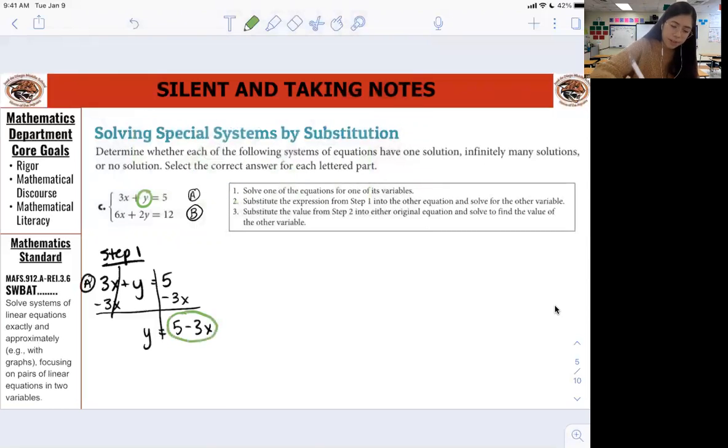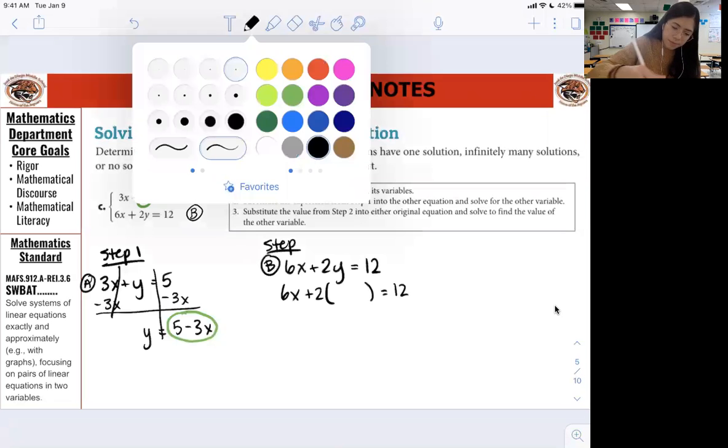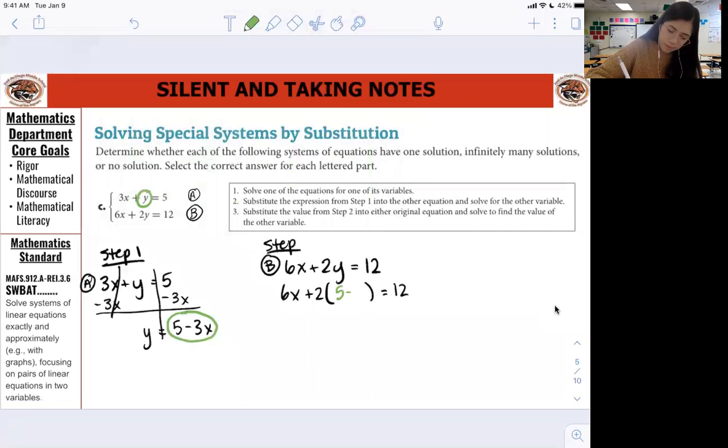Is this going in for x or for y? For y. We write down equation B, and we plug it in wherever the y is. All right, this is all very similar now.